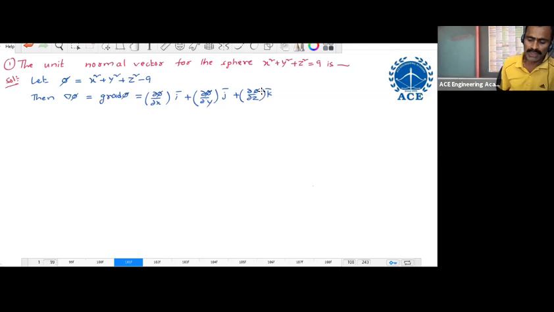Now this is the formula to write the gradient of a scalar function.